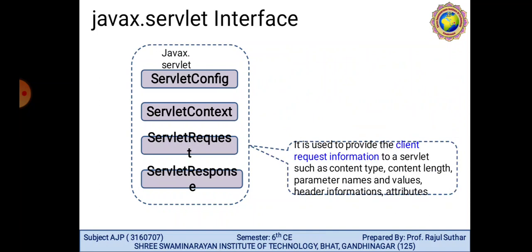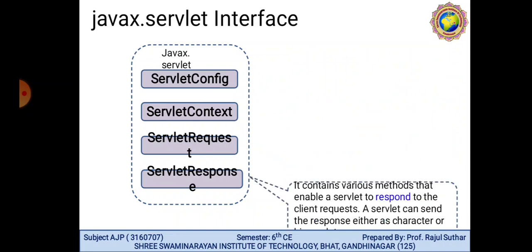It is used to provide the client request information to the server by using the servlet, such as content type, content length, parameter names and values, as well as header information and attributes. Servlet response contains the various methods that enable a servlet to respond to the client request. A servlet can send the response either as character or byte.